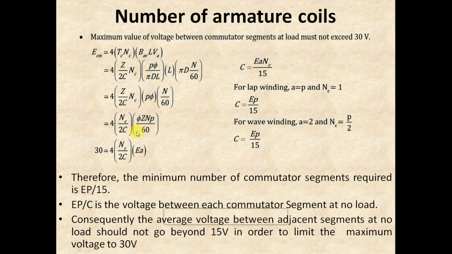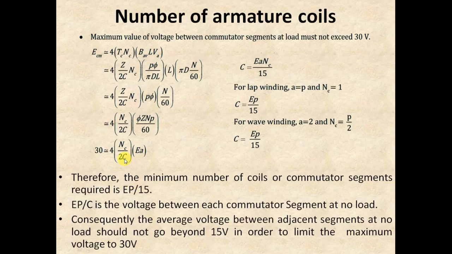Instead of this, we can make the substitution as Ea. Ea is actually the relation for induced EMF or back EMF, which is actually phi P N Z by 60A. Since A is not there, we can make the substitution for this particular term as Ea into small a, where small a is indicating the total number of parallel paths which are present in the machine.